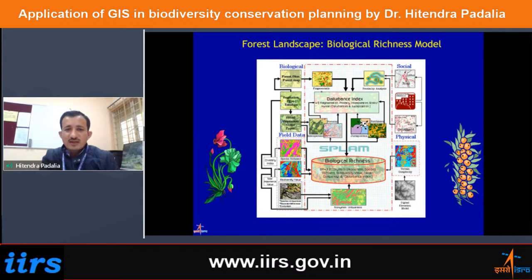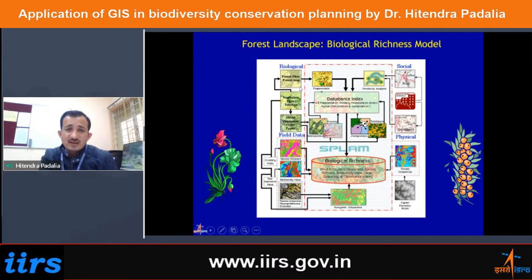A similar attempt has been made here, where the objective was first to identify biologically rich areas. I showed you a triangle with three circles. In those circles, first what is required is the vegetation type map we prepared, and this is all GIS.